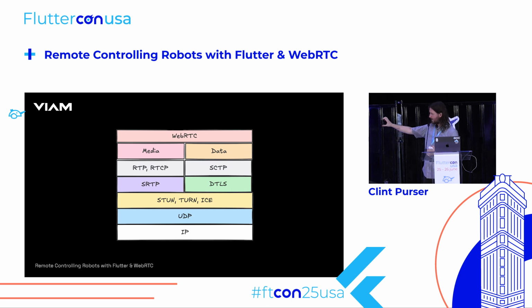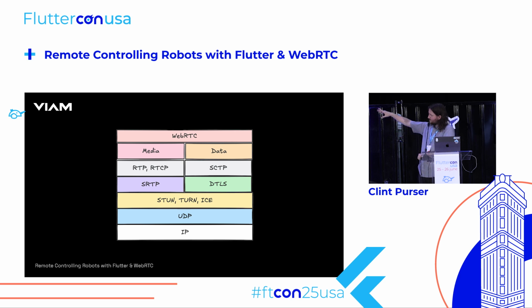From there, UDP, fire and forget, a lot faster than TCP. So it's built on a layer of that, which then brings us to a whole bunch of acronyms. And there are acronyms within acronyms at that next yellow level there. Let's talk about that a bit more as we dive deeper into WebRTC.